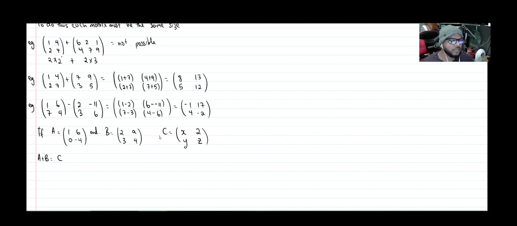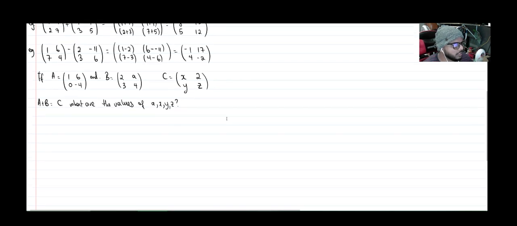And we see that if A plus B is equal to C, what are the values of a, x, y, and z?